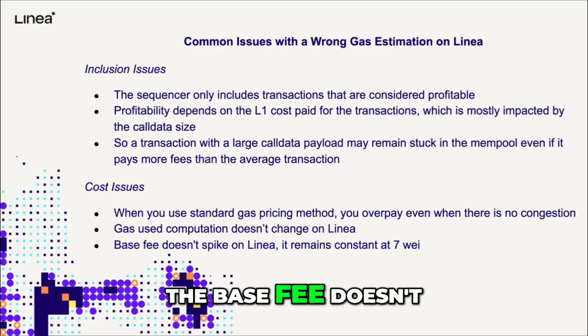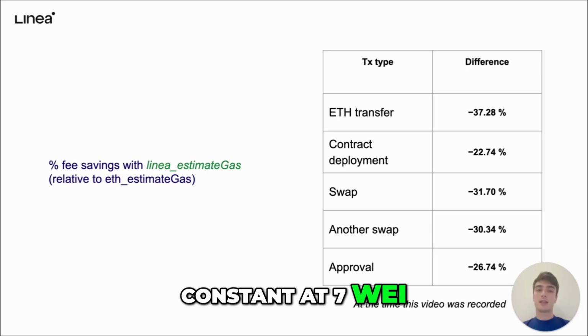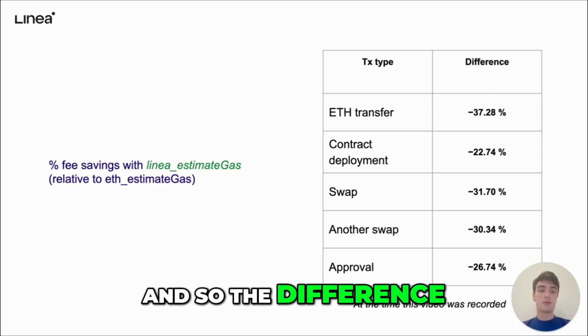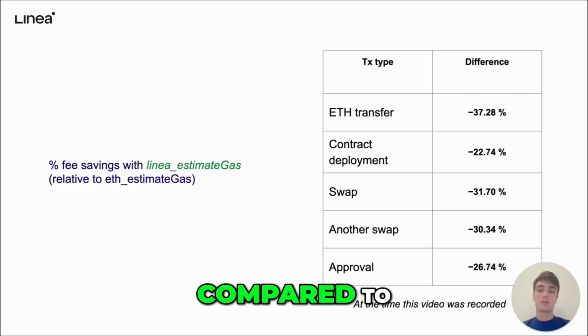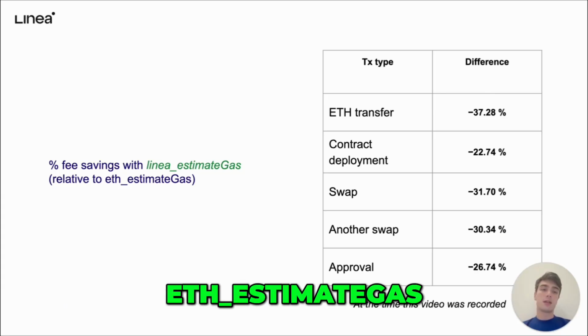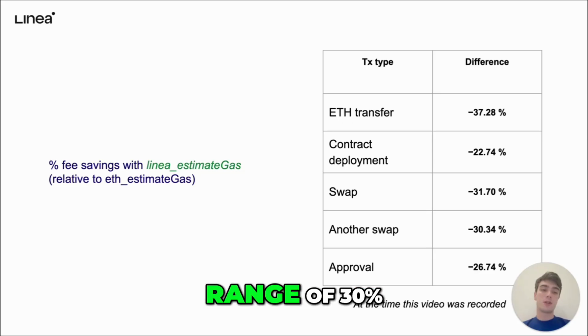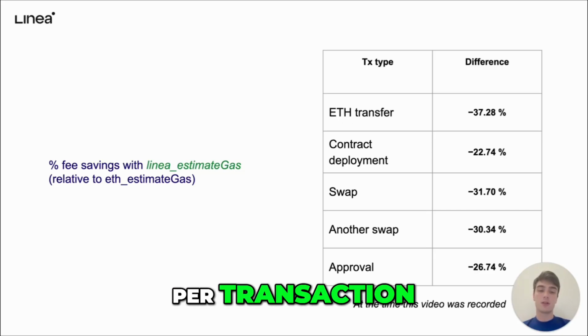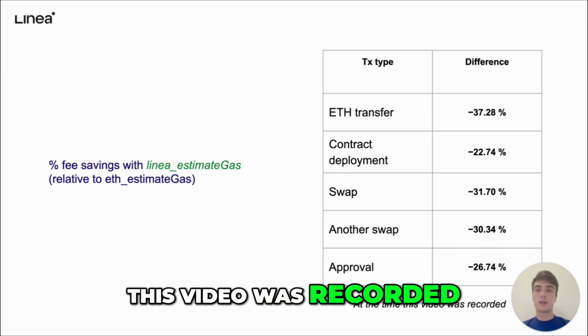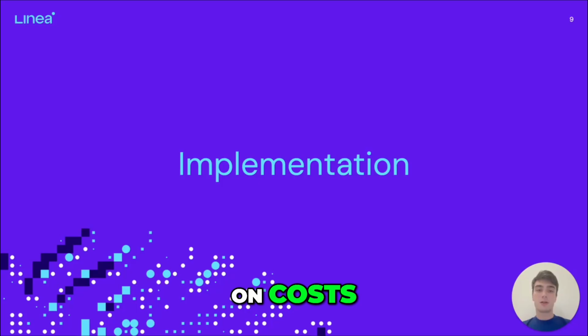And also the base fee doesn't spike on Linea. It remains constant at 7 wei. The difference when you use Linea estimate gas compared to ETH estimate gas is on average 30% less gas paid per transaction, at the time this video was recorded. So you're already winning on cost.